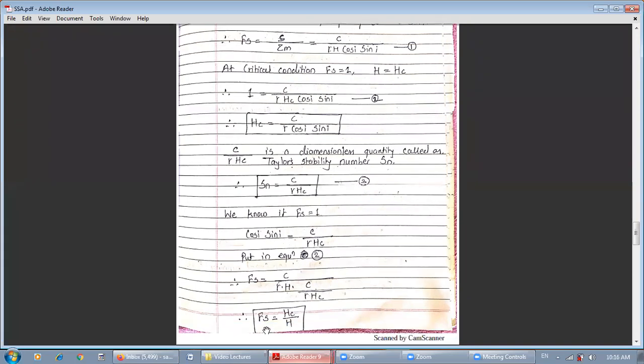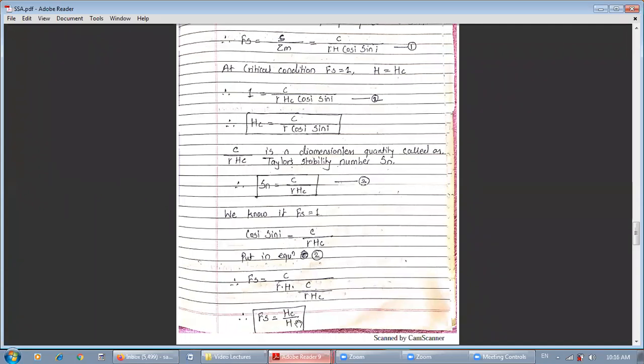So the factor of safety equation is equal to Hc divided by H. So we have another equation to find the factor of safety with respect to the critical height. Fs is the factor of safety for purely cohesive soil, which is equal to Hc divided by H, where Hc represents critical height and H represents the normal or given height.